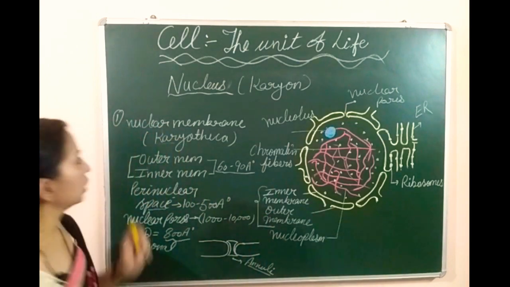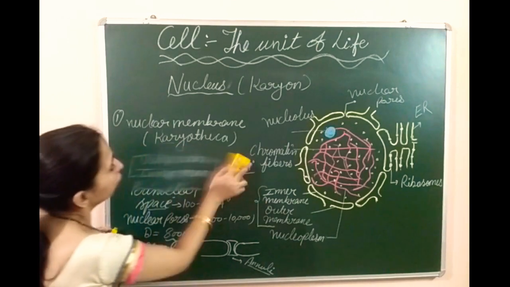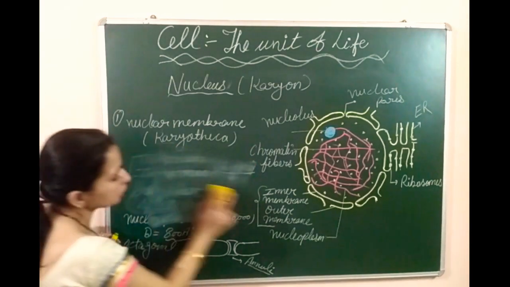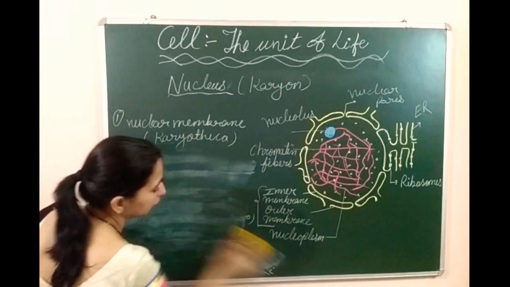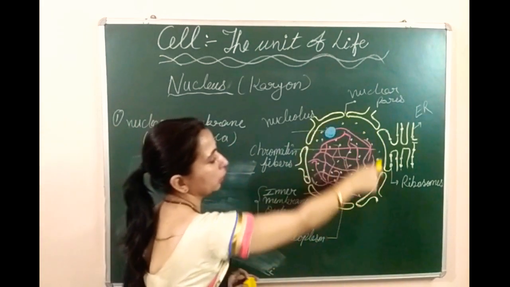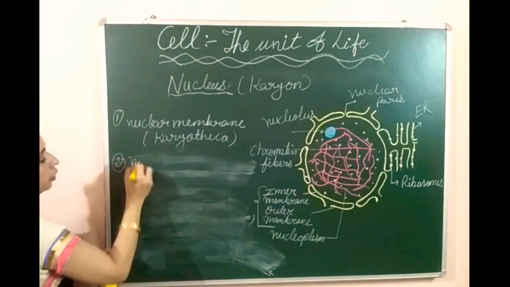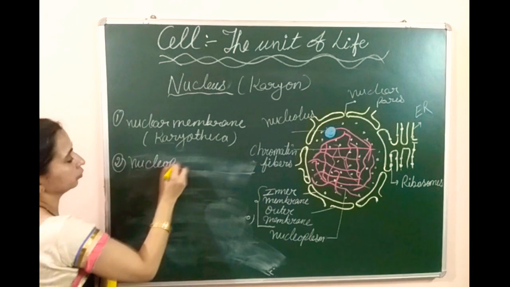Next part of the nucleus, after the nuclear membrane, is the nucleoplasm. As you can see, देखो जैसे यहाँ पे आपको बहुत आसानी से दिखाई दे रहा है, when we go inside the nuclear membrane, एक liquid fill रहता है, and that liquid is known as nucleoplasm.